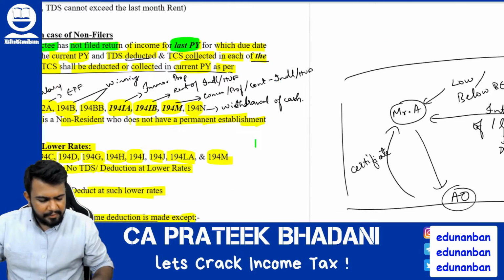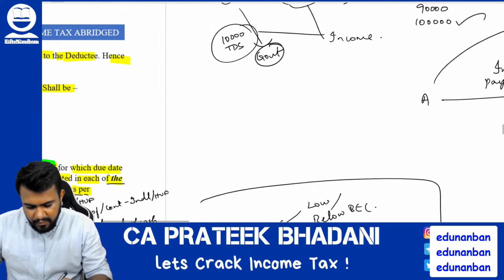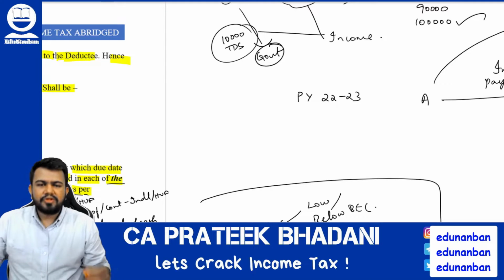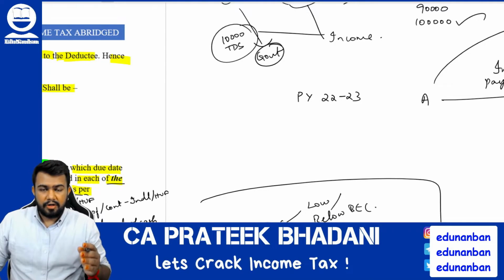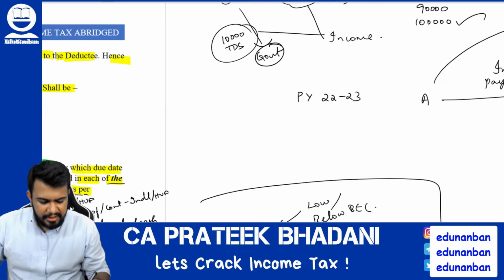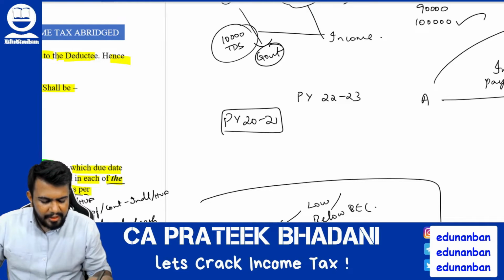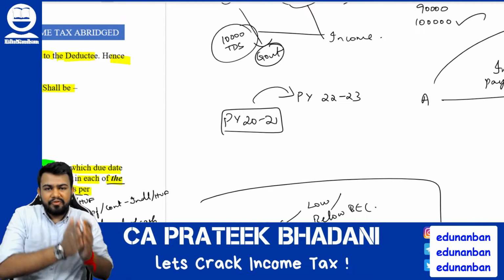For example, let's say for previous year 22-23, we should see whether the TDS should be deducted or not. Which previous year return should we see? Previous year 2021, because for 2021 only, the due date of filing of income tax return will be over before 22-23.